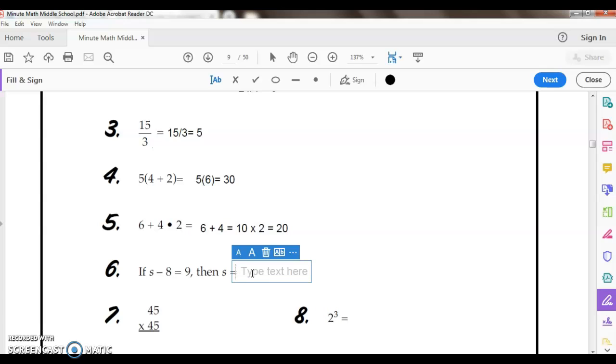If s minus a equals 9, then s equals, well, the easiest way to do it is we already have those two numbers, so we're going to add those two numbers together in order to get the number. So 8 plus 9 equals 17.